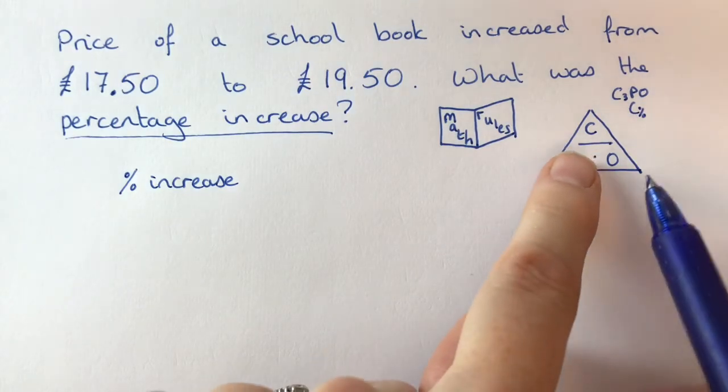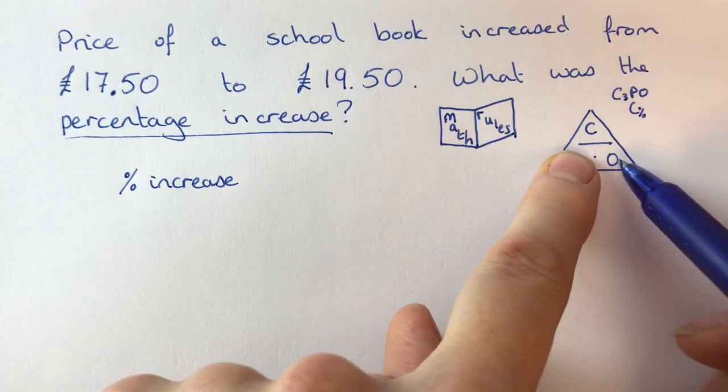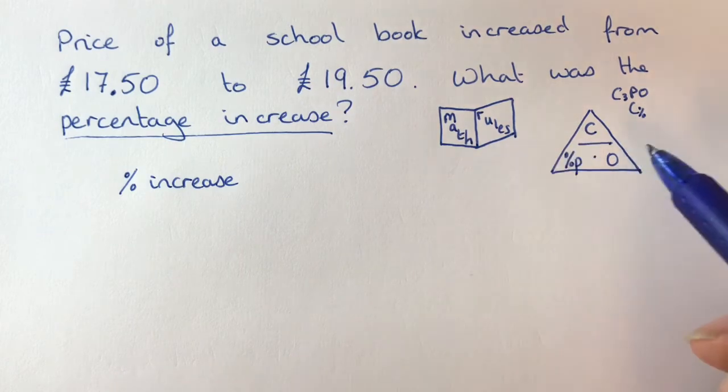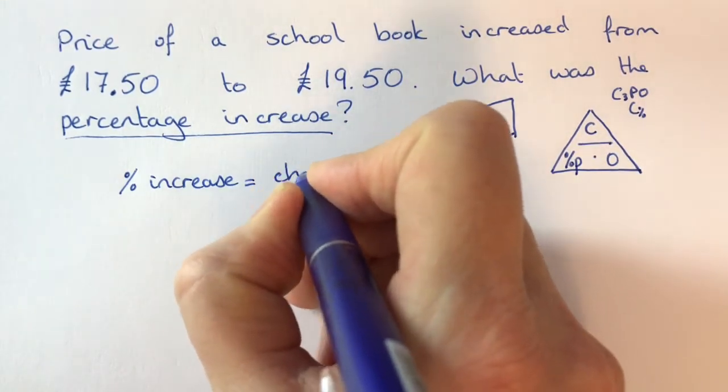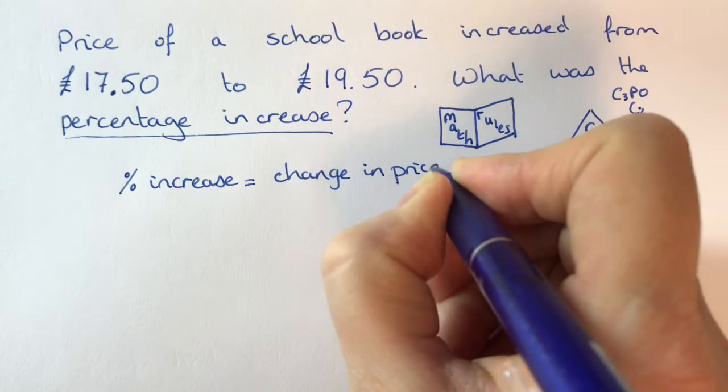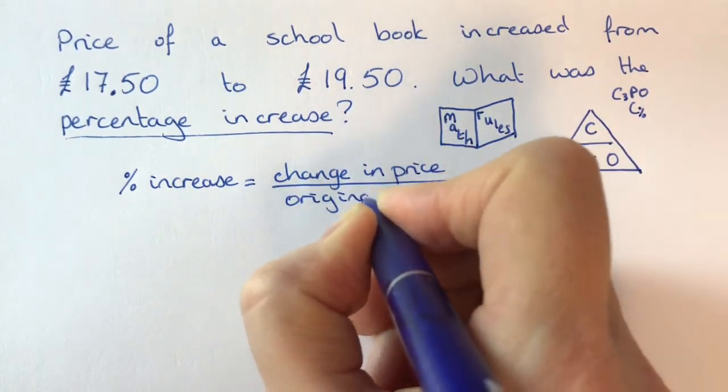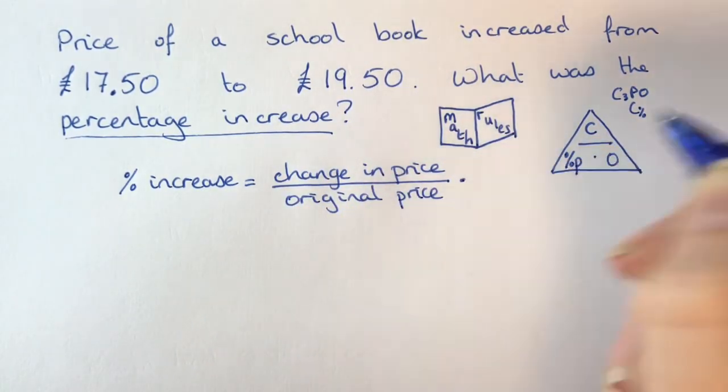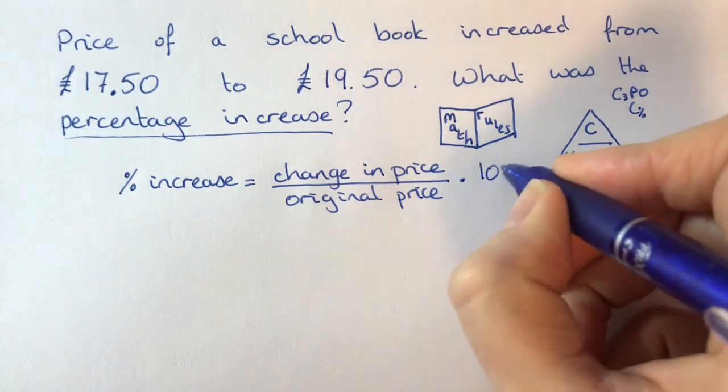We cover it over with our finger and we can see that it's the change in price divided by the original price. Okay. Then to change it into a percentage, we multiply it by 100%.